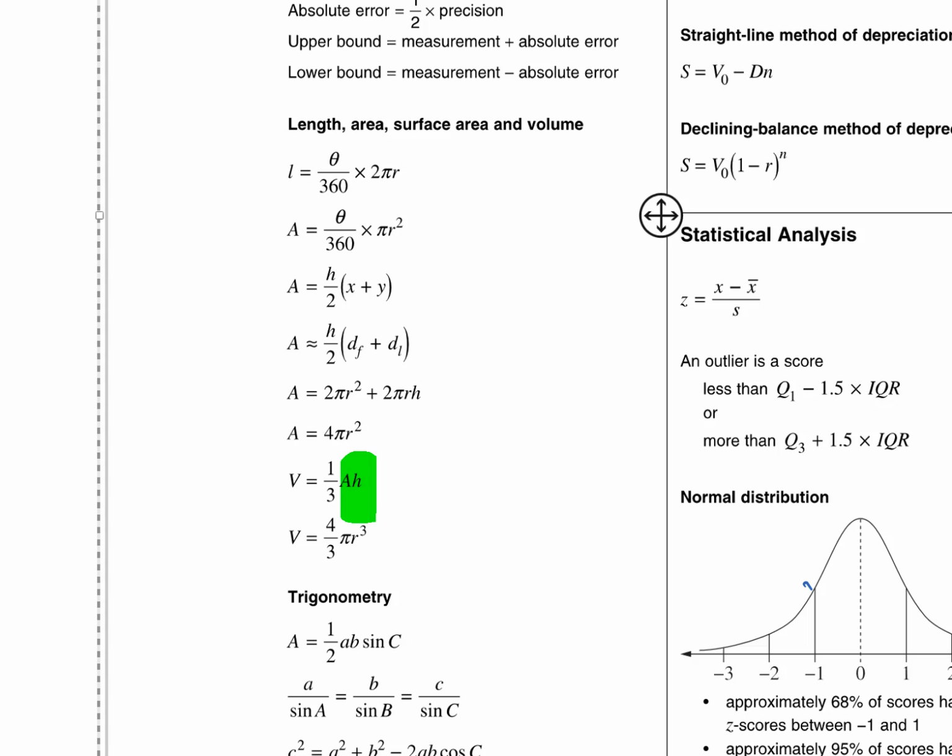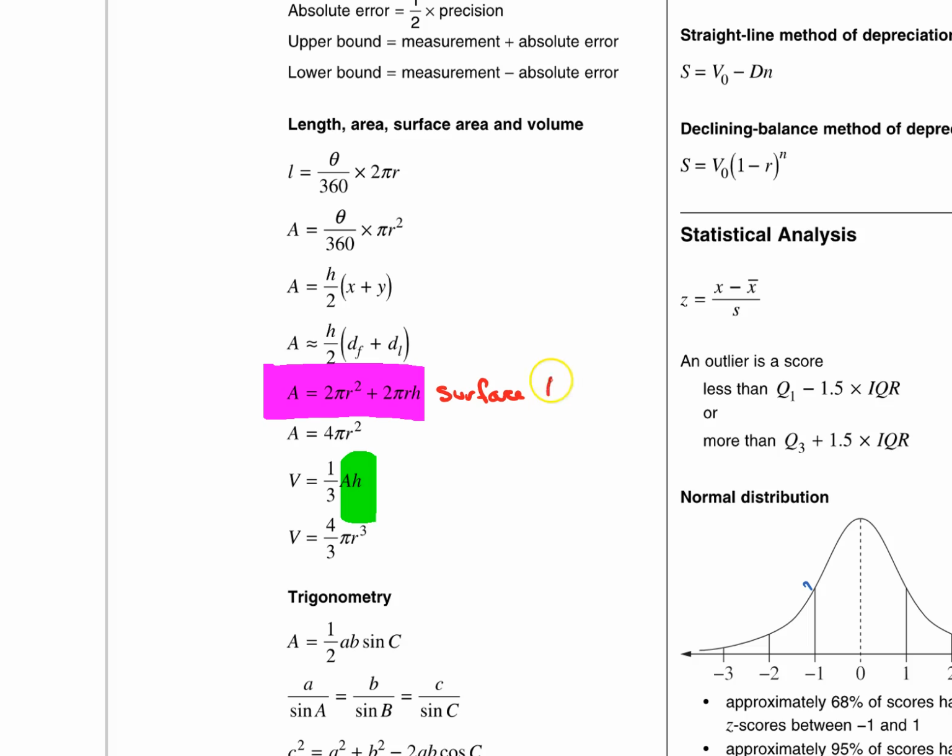You'll need to scroll back to your reference sheet, and I'll just highlight it here. It's this formula. So could I please get you to name that one as the surface area of a cylinder?